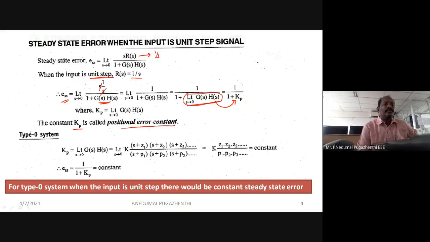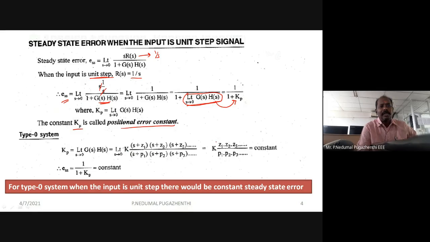Now, if you want to know what happens if the type of the system is changing, that is, G(s) is changing according to the type. If it is a type 0 system, then obviously you will not have any poles at the origin. So if you make s tends to 0 here, you will get z1 into z2 into z3 etc. divided by p1 into p2 into p3.